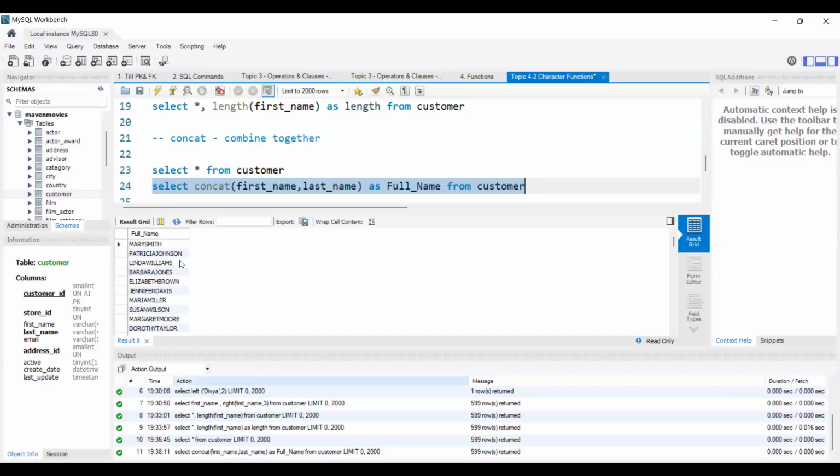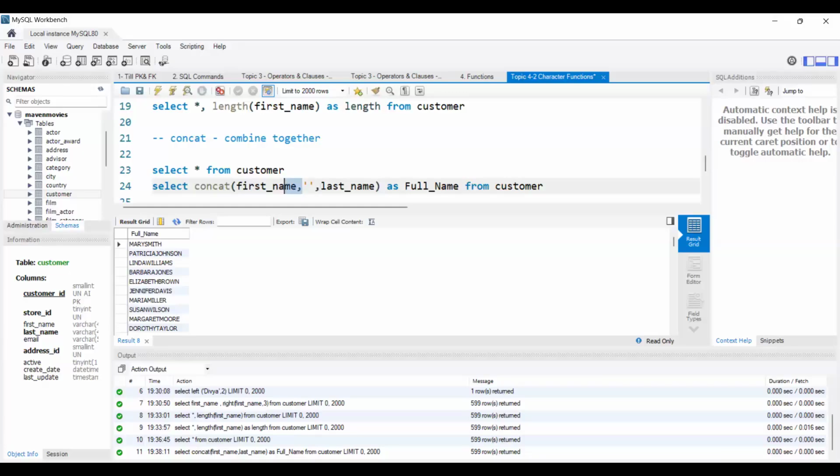It is a little difficult to read the complete name like this. It would be more presentable if we maintain some space between first name and last name. To give the space in this query, after first name I wrote a comma. Here I need to use two single quotes.